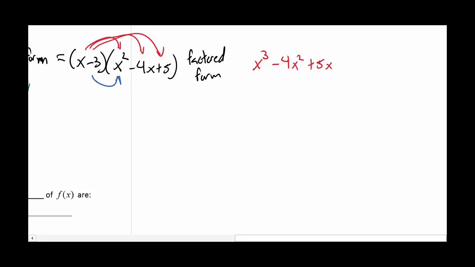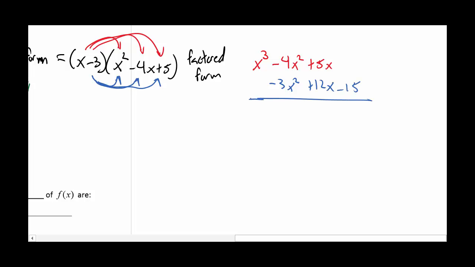Then I want to do the same thing with that negative 3. So negative 3 times x squared is negative 3x squared. Negative 3 times the negative 4x is positive 12x. And negative 3 times 5 is negative 15.